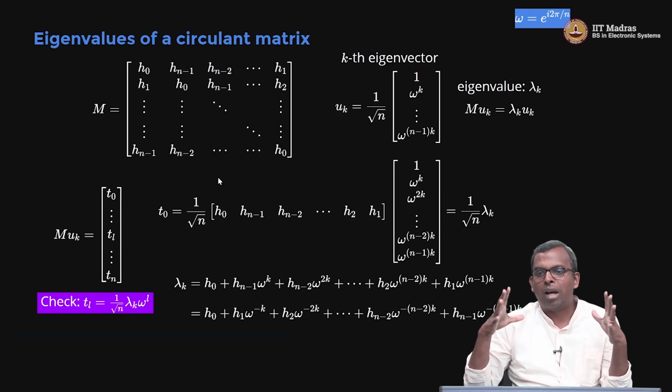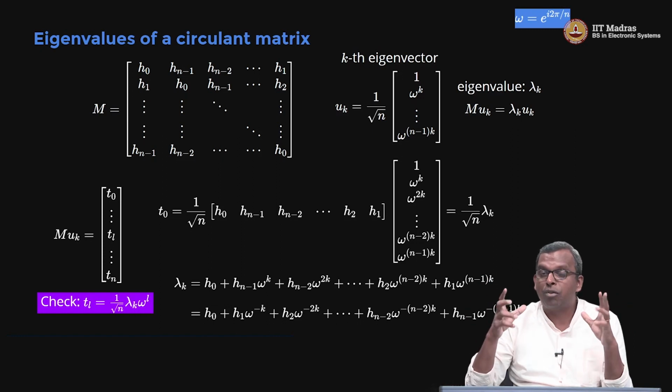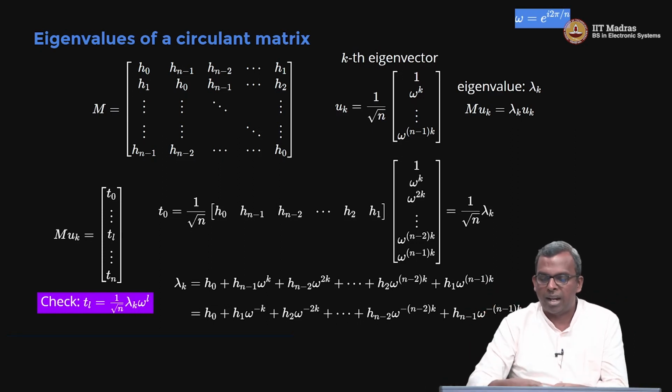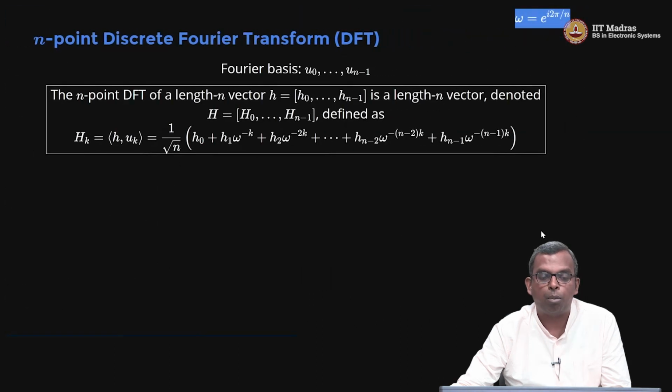If you have a 1000 by 1000 matrix, finding the eigenvalues is a little bit hard, isn't it? You don't know what the eigenvalues are, but if the matrix is circulant, you can write down the expression for the eigenvalues very nicely. So that's the power of this result, it's quite a powerful one. From this we get a definition for what's called an n-point discrete Fourier transform of a sequence.